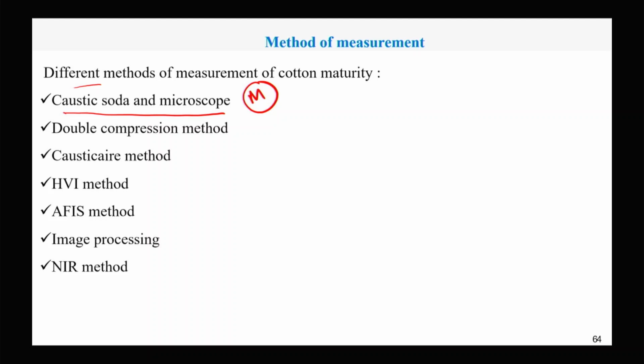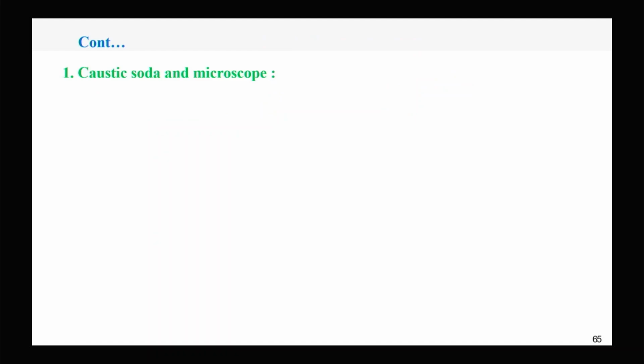We measure based on the number or proportion of normal fiber and dead fiber using one empirical equation. We get the maturity ratio, so the approach is different here. Now the caustic soda method is very simple, very commonly used in measuring the maturity of cotton fiber.